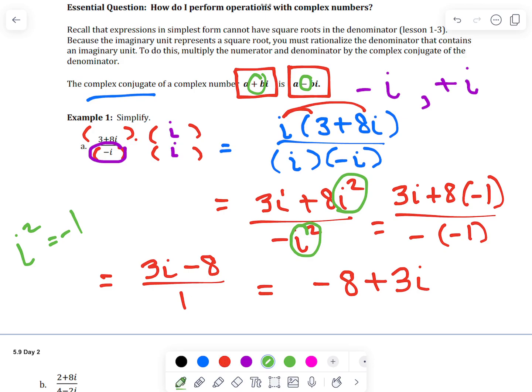Now notice that this is dividing by 1, so you can go ahead and just remove those. So now it's in standard form. It needs to be the real part plus the imaginary part.